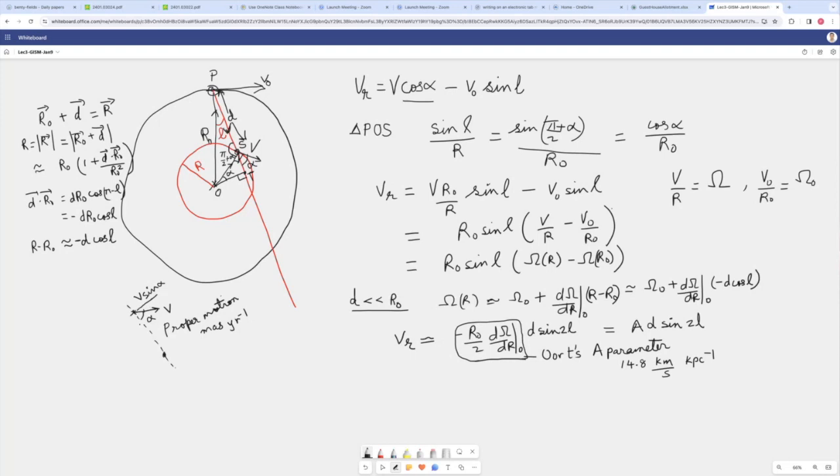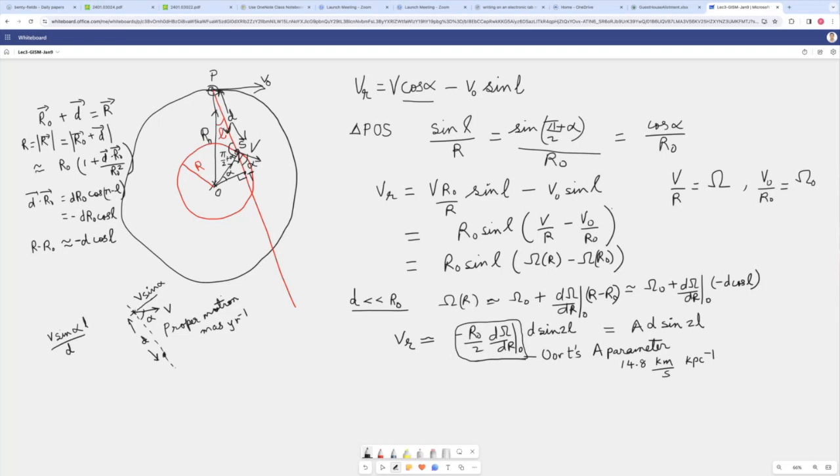So, if the distance of the star is, say, distance d in this figure, and its velocity is v and this angle is alpha, the proper motion would be v sine alpha divided by d, right?